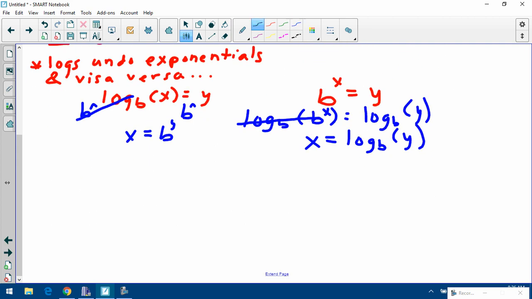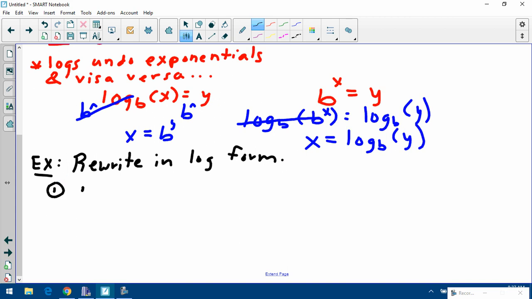So generally, when we first start out with logs in Algebra 2, we ask you to do questions like this. Rewrite in log form. So if I had 4 to the third equals 64, if you're comfortable jumping right to the answer, that's totally fine.